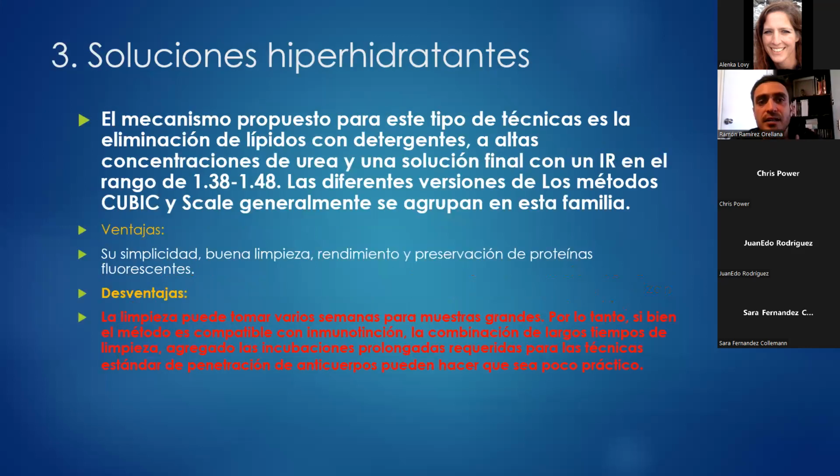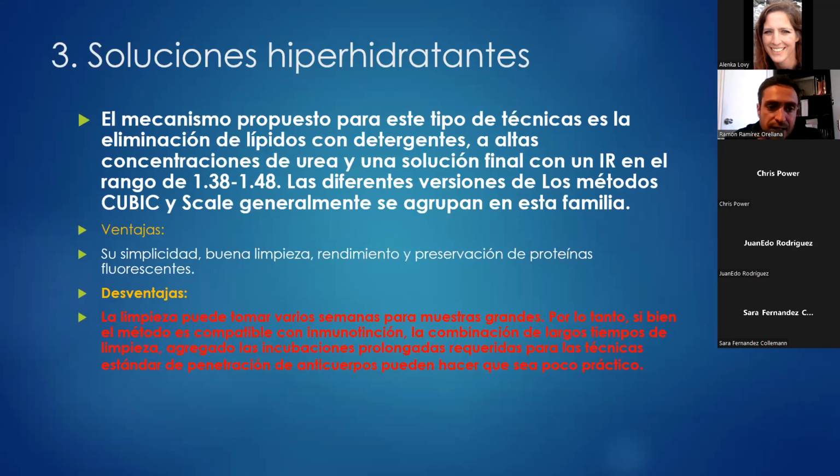Como tercera están las soluciones hiperhidratantes, y el mecanismo propuesto para este tipo de técnicas es la eliminación de lípidos con detergentes, altas concentraciones de urea y una solución final con un índice de refracción en el rango de 1,38 a 1,48. Los métodos más conocidos son el CUBIC y el SCALE. Las ventajas son su simplicidad, una buena limpieza, rendimiento y que mantienen las proteínas fluorescentes.